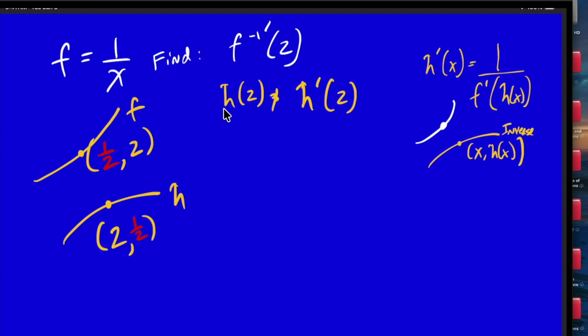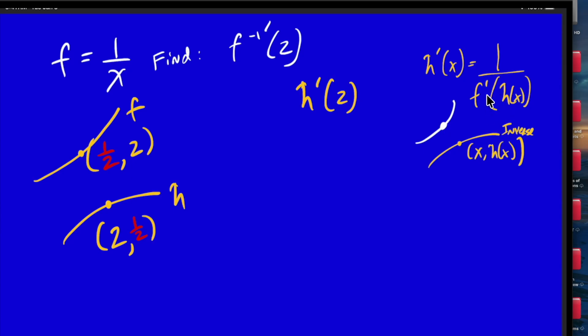Now that we found h of 2, we found f inverse of 2, let's switch gears and find the derivative of the inverse function at x equals 2. So recall, here's our formula. The derivative of the inverse function at x equals 2 is 1 over f prime of h of x.